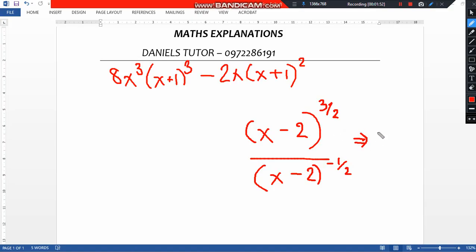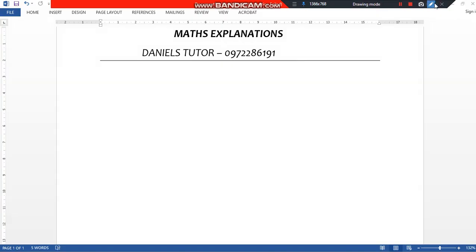Since the bases are the same, you just say x minus 2, then you subtract the powers. So you have 3 over 2 minus negative half, so the minus and the minus make a plus. So it becomes 3 over 2 plus half, which is 2. So yeah, when dividing, you subtract the powers. That's what we're going to do here.